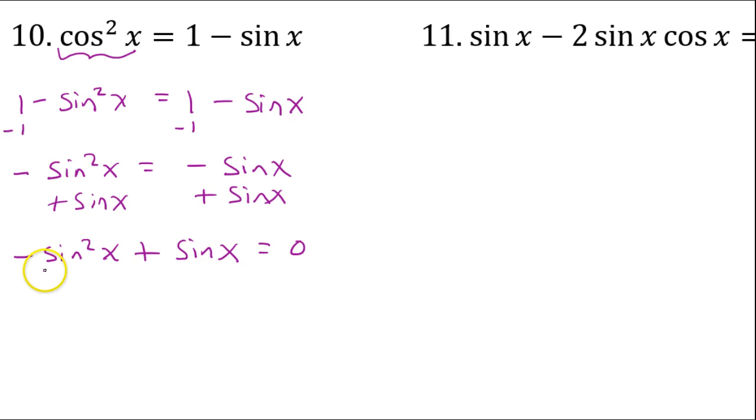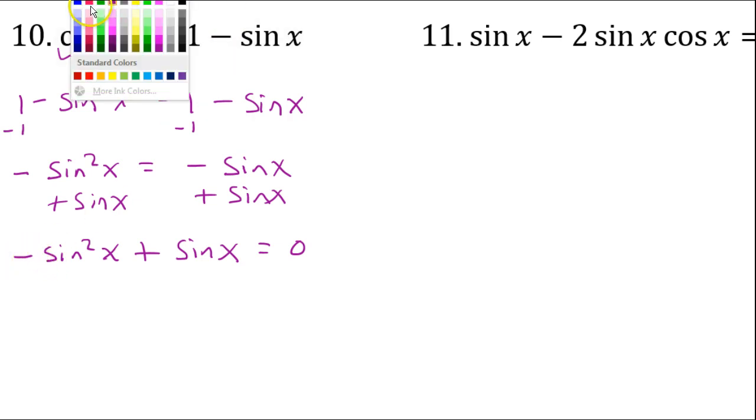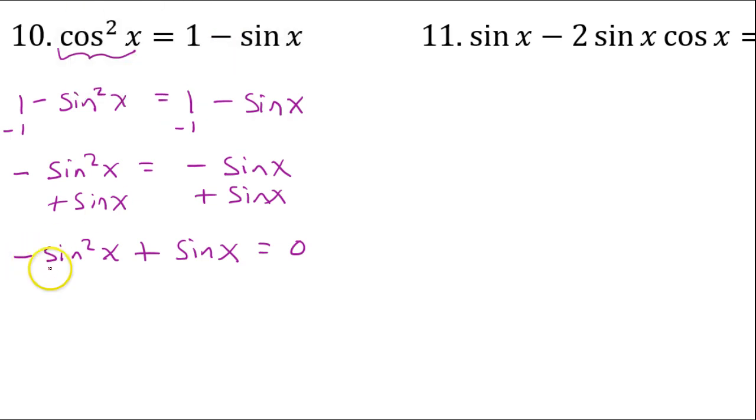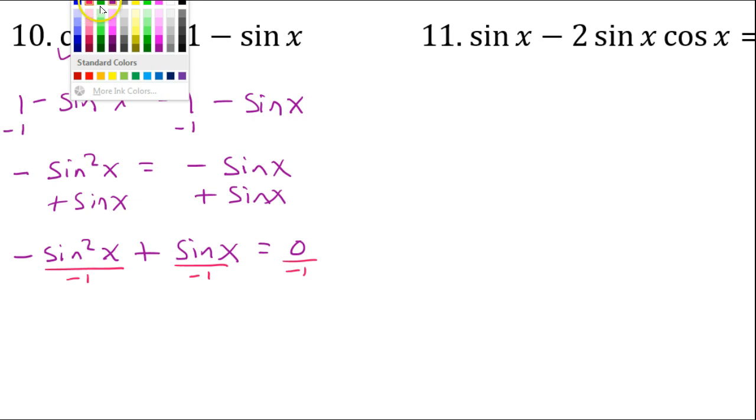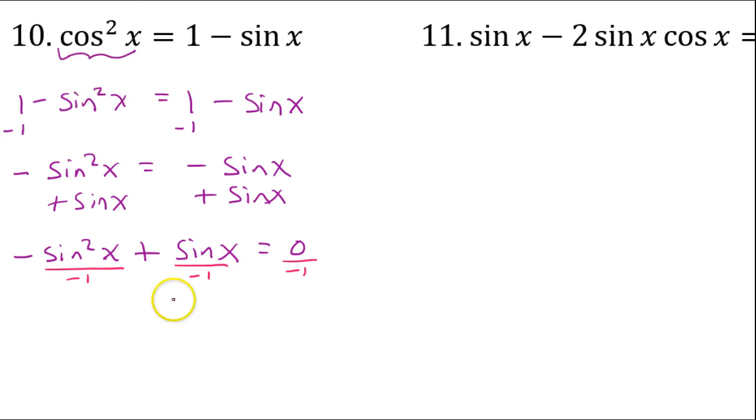Now when I'm factoring, I don't like having a negative in the front, so what I always do is I divide everything by negative 1. I just like my leading coefficient to be positive when I'm factoring. So that changes all the signs. Now I'm going to have positive sine squared x minus sine x, and 0 divided by negative 1 is still 0.